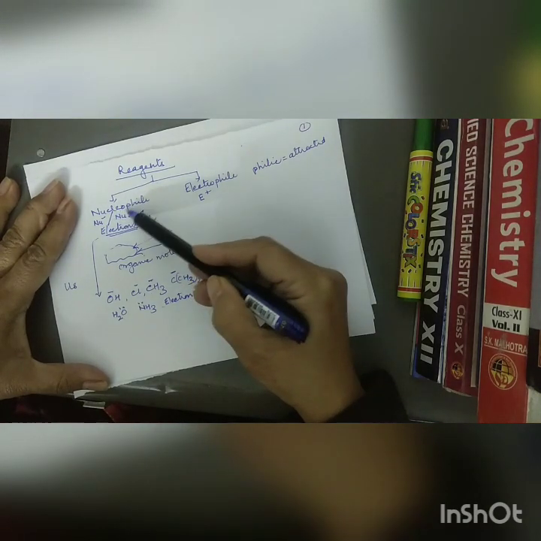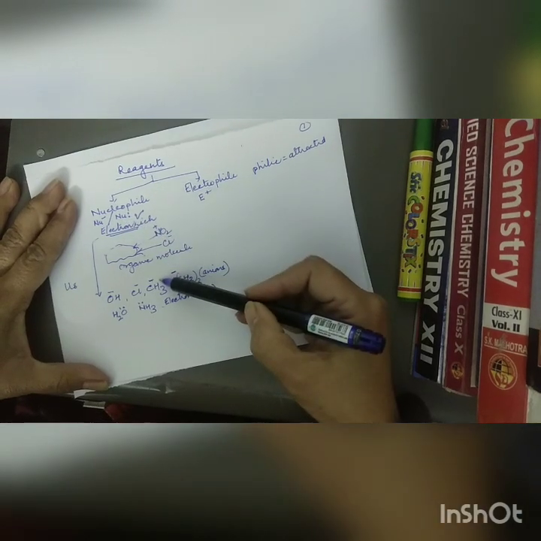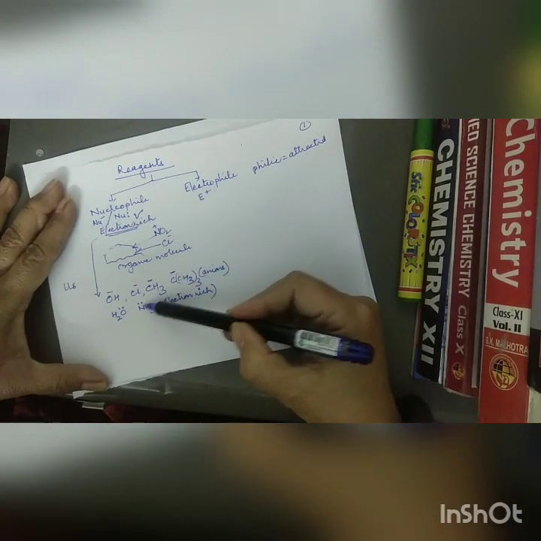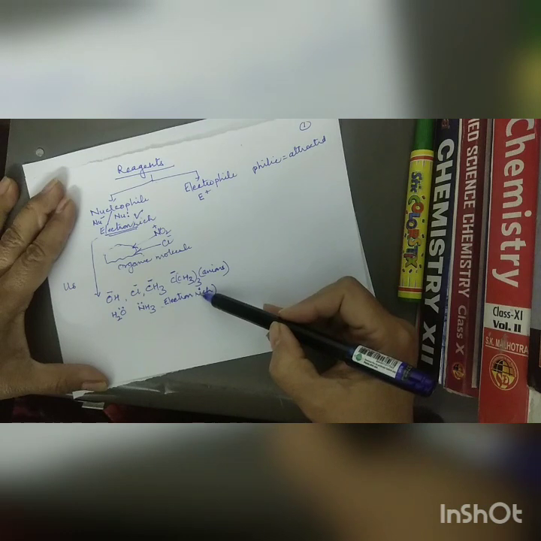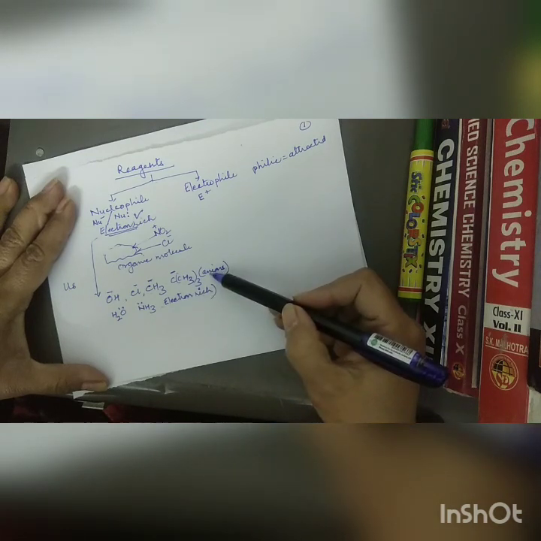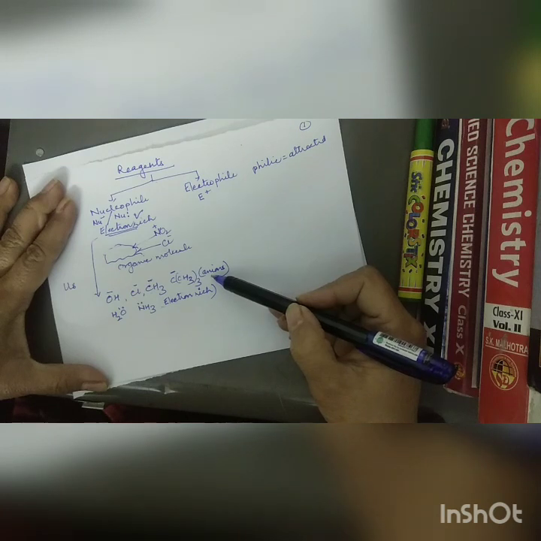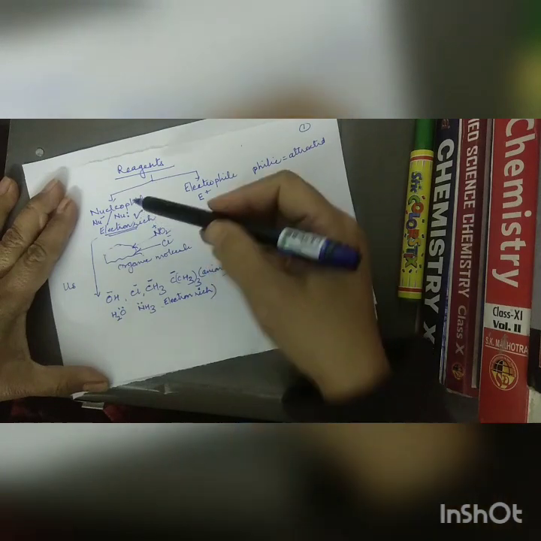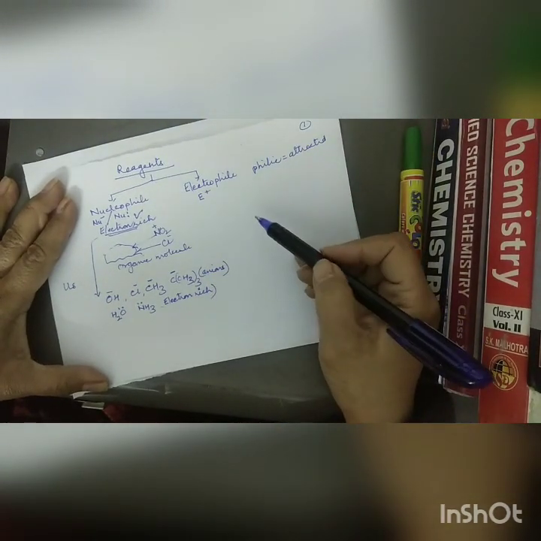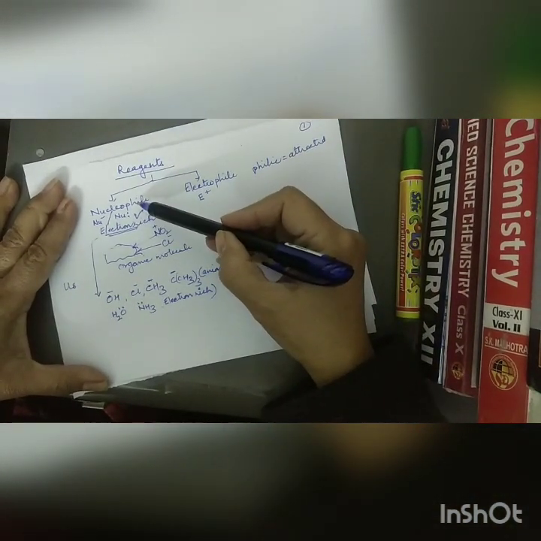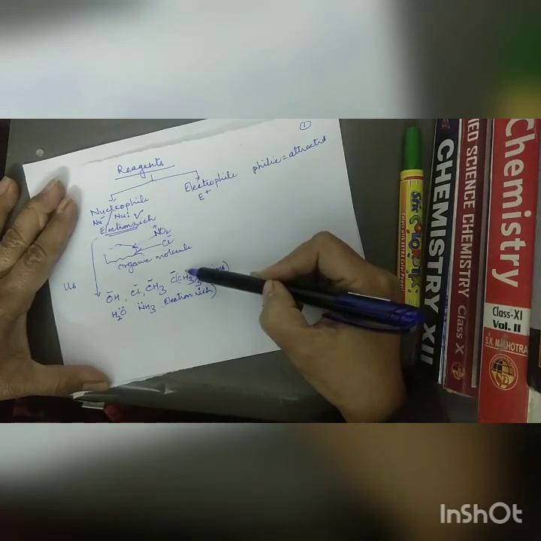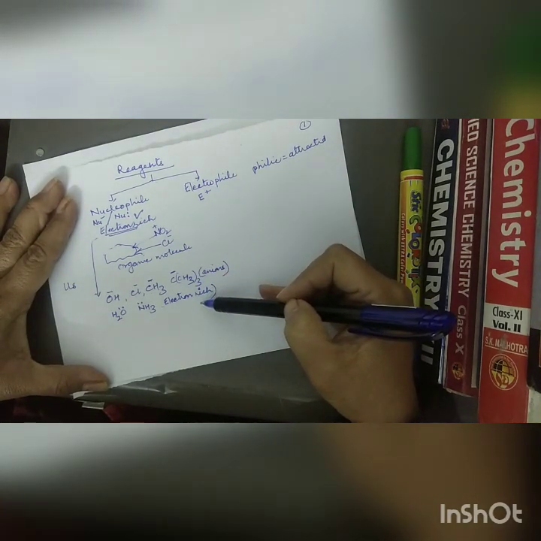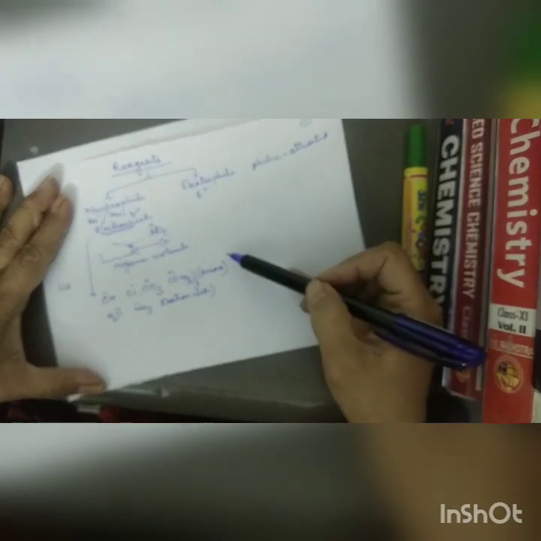So whenever a nucleophile has a negative charge, or is electron rich, a neutral molecule or an anion, it will be attracted towards a nucleus having a positive charge or any positive center, and such a reagent is called a nucleophile. So what is a nucleophile? It is an electron rich species or a neutral molecule having a lone pair of electrons which is attracted towards a positive center.